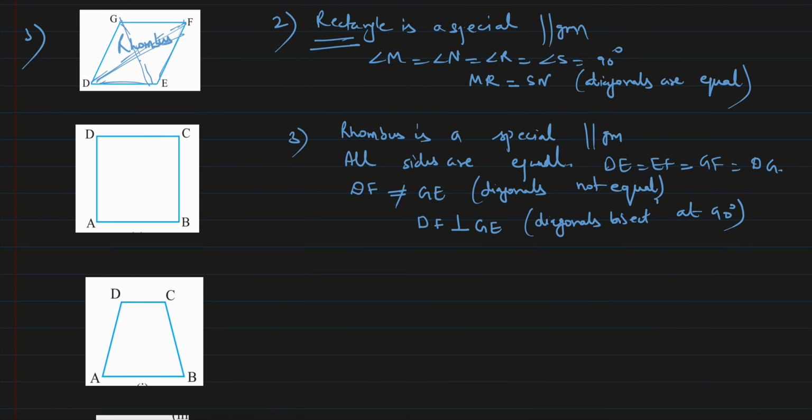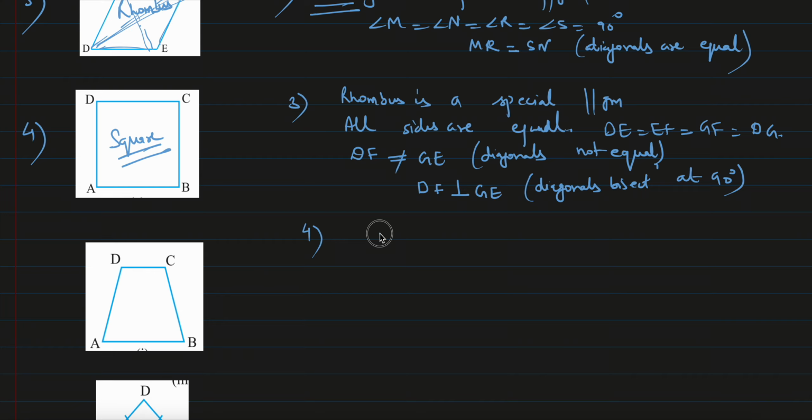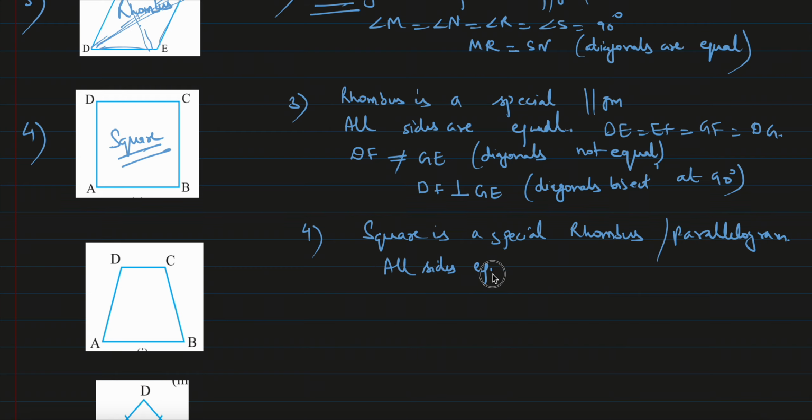Now the fourth figure that you see over here is a square. In a square, we all know all sides equal. A square again is a special parallelogram. I can say a square is a special rhombus, special parallelogram, special rectangle. We can say that also. All sides equal, all angles equal, all 90 degrees.